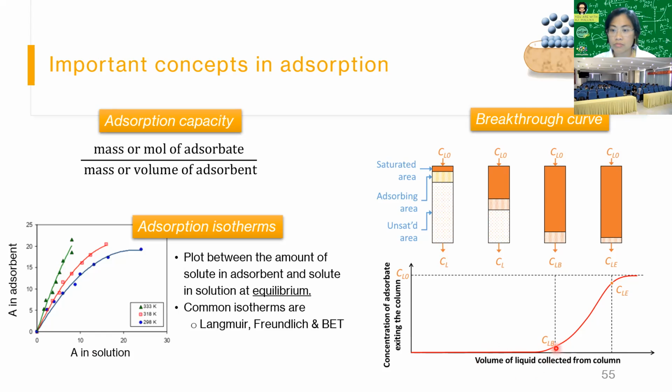You could stop here if it is acceptable that the leaking is that much, or you can stop here if you accept that the leaking is that much. But definitely you don't want to go until it's full and can't adsorb anymore. So that is the idea of the breakthrough curve.